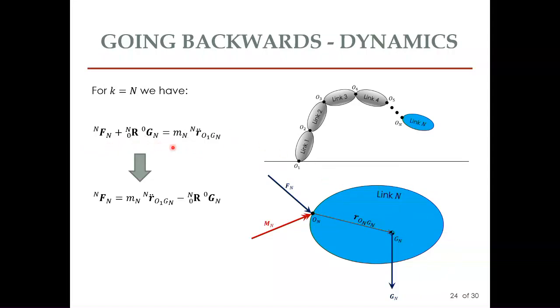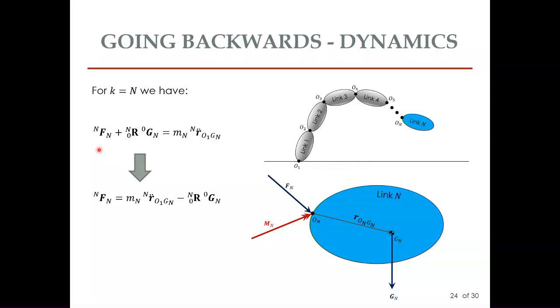Now, what do you do with it? What you can do is isolate this Fn and find it like that. So I just moved this bit to the other side. Now remember, what is Fn?